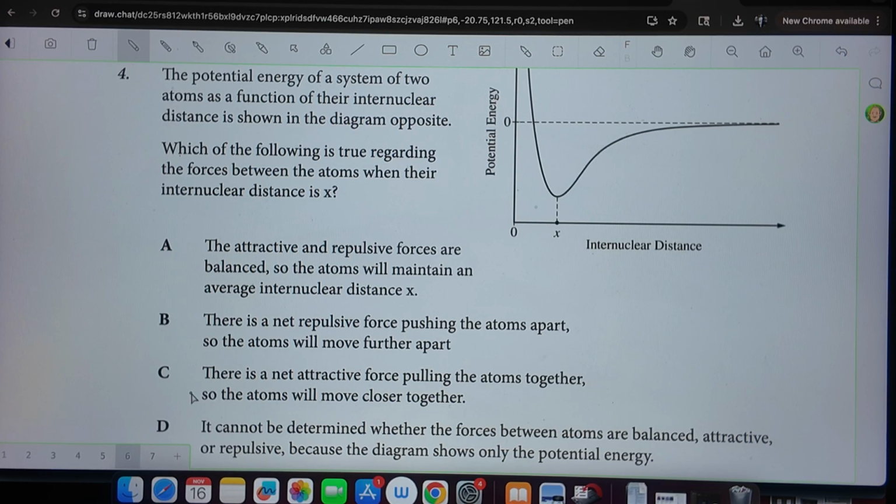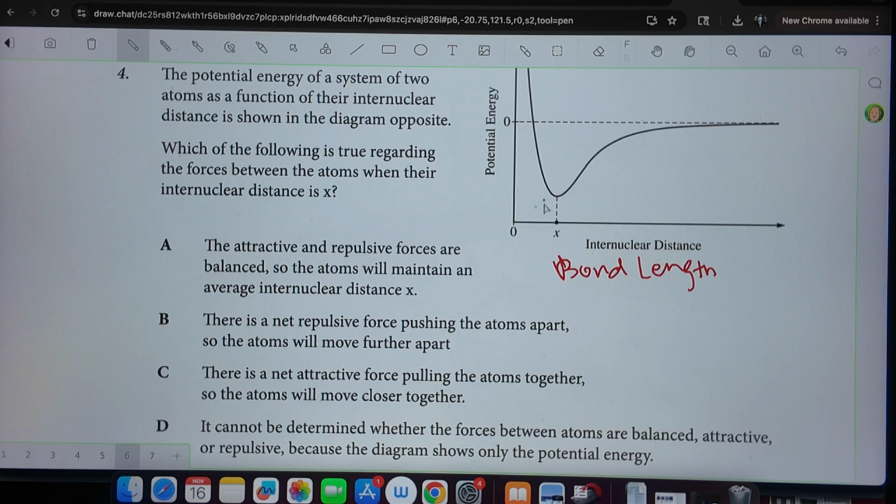So it's basically everything we've been looking at. This is just showing us our bond length, internuclear distance. Which of the following is true regarding the forces between the atoms when their internuclear distance is x?